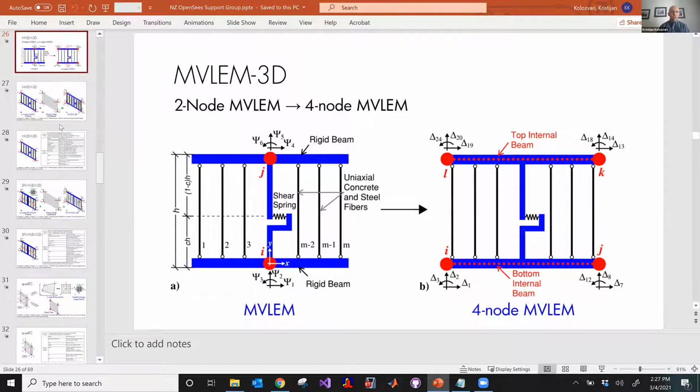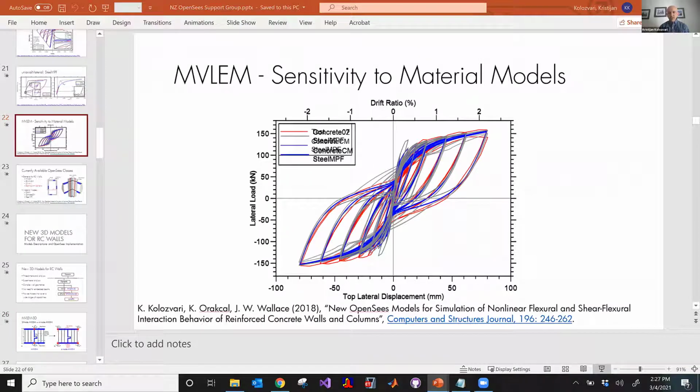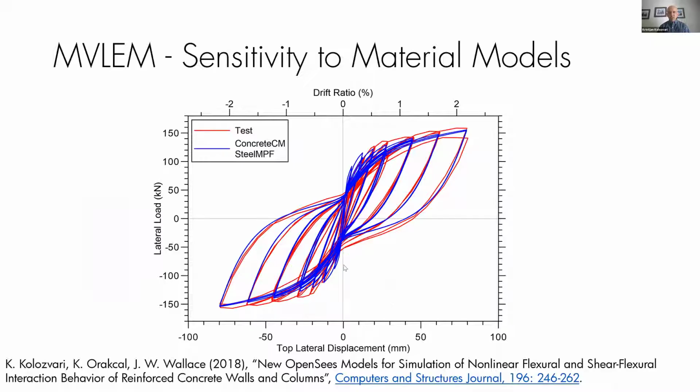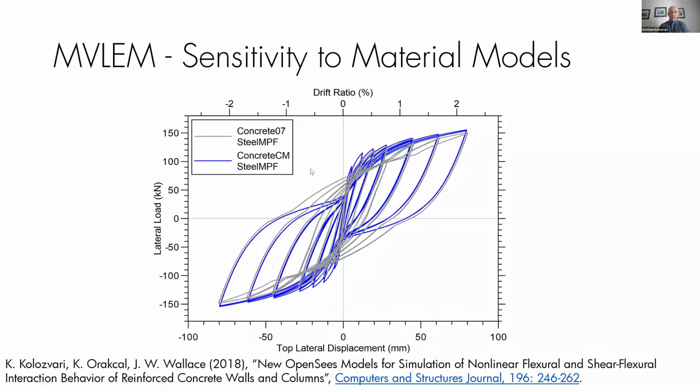You can get overly pinched behavior because in Concrete02 the gap closes abruptly, and that's why you have this really highly pinched response. But if you don't have a problem with that, everything else is okay, more or less, right? You can get away with that pinch with Concrete07, right? Again, with Concrete07, it's kind of the other way.